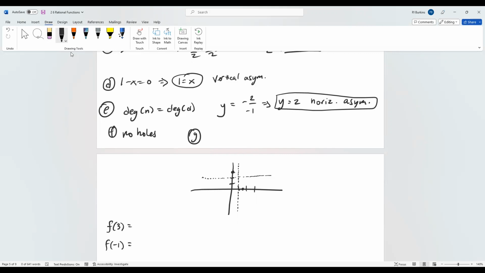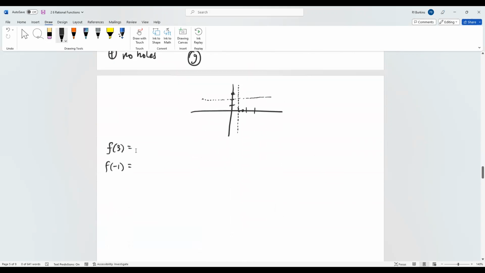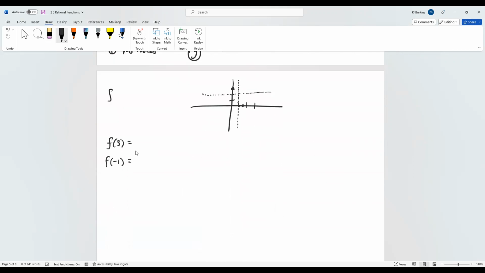And let's go from there. So the original function, let's just go back up. I believe it was (3 minus 2x) over (1 minus x). So f of x is (3 minus 2x) over (1 minus x).